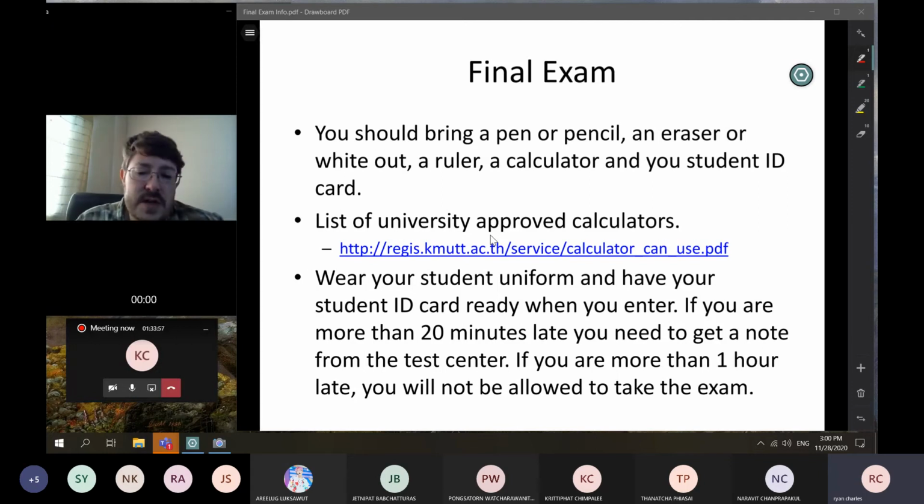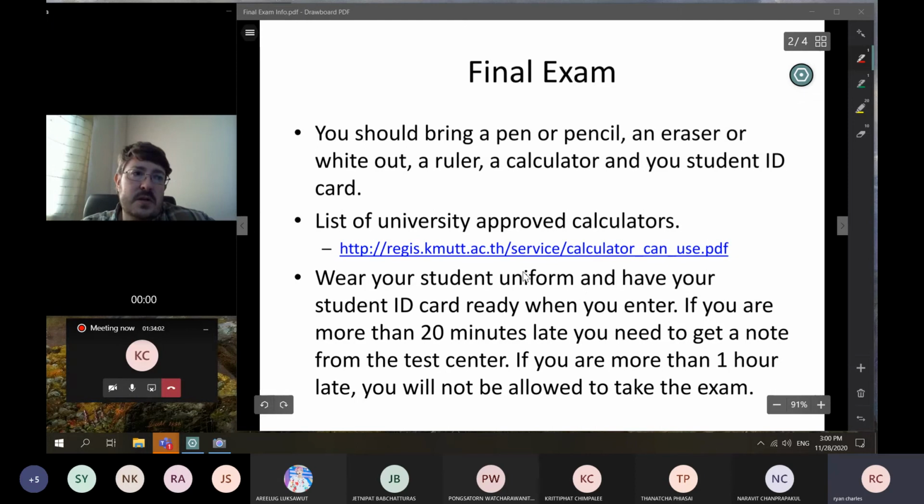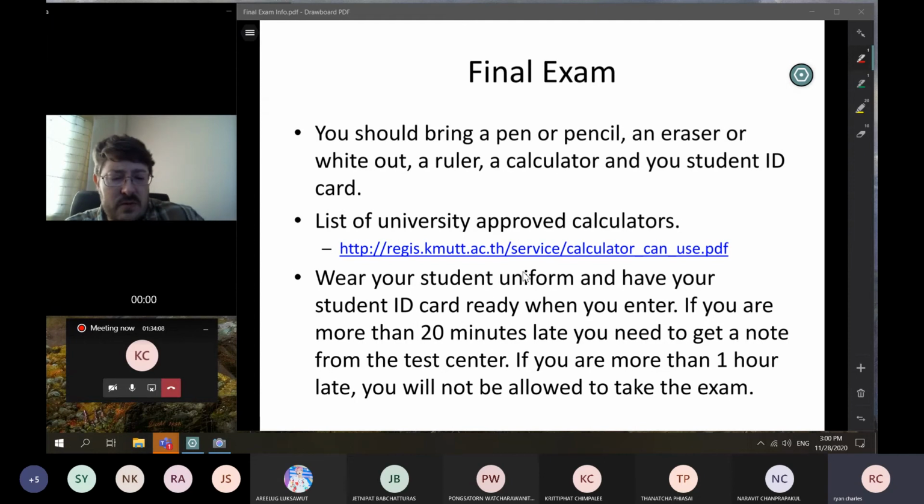All right. Again, for freshmen, you have to wear your student uniform, right? You have to wear a student uniform. You can't wear whatever you want. There are rules about this stuff. Some proctors in the room won't let you in, right?